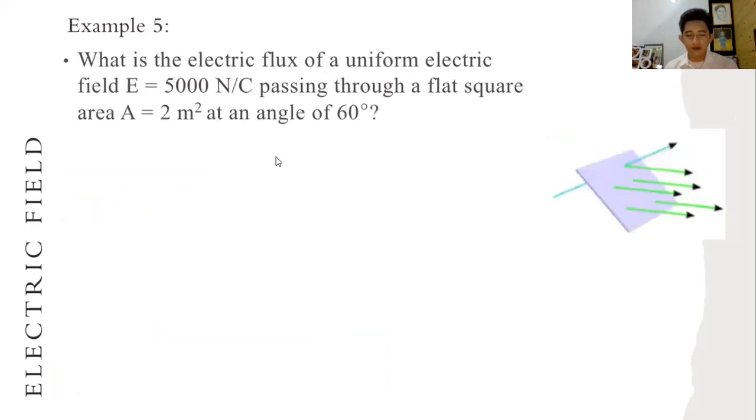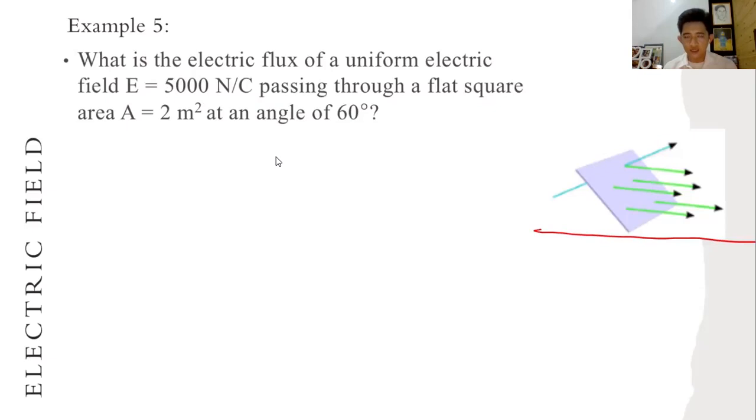Let's have example number 5. What is the electric flux of a uniform electric field equal to 5,000 newtons per coulomb passing through a flat square area of 2 square meters at an angle of 60 degrees? You will notice that if this is the horizontal, the surface area should be perpendicular to the horizontal.